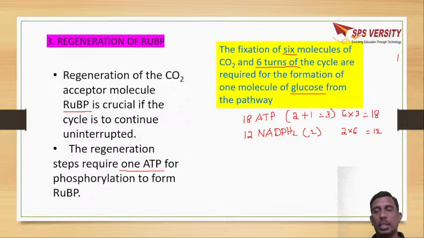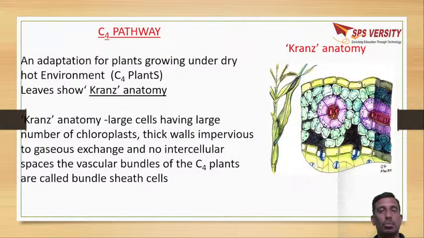So in the C3 cycle, total 18 ATP and 12 NADPH2 are required, and finally you'll get 1 glucose molecule. This is the C3 cycle, where the first stable compound is a 3-carbon compound, that is phosphoglycerate.